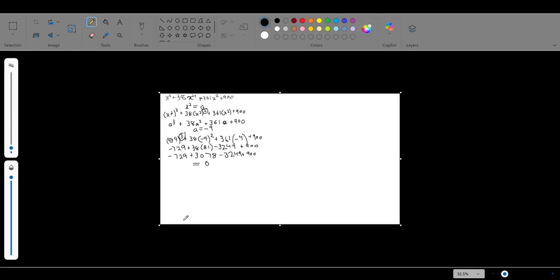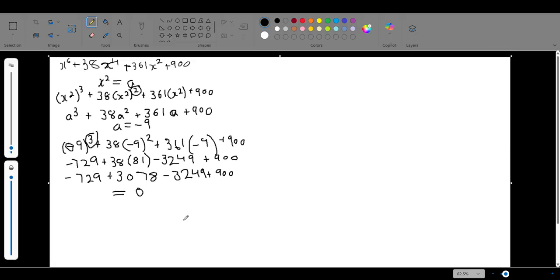Okay, our next step, now that we know it's 0, we know that we have a chance of factoring this. So we're gonna keep this term because it's simplified and we don't have to go through all this nonsense. Our next step: we have a equals -9, so we would divide this expression by a plus 9.